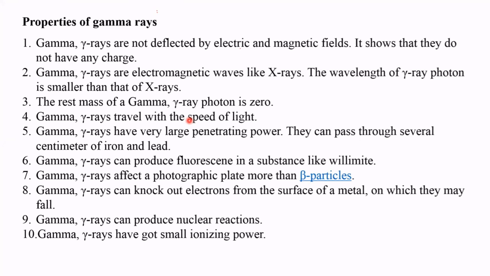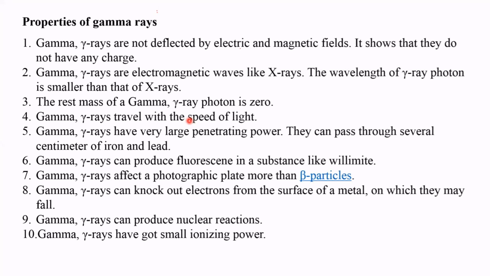Second, as I already told, these are electromagnetic waves with smaller wavelengths and higher frequency than X-rays. When compared with X-rays, the wavelength of gamma rays is very small, and at the same time the frequency is high.